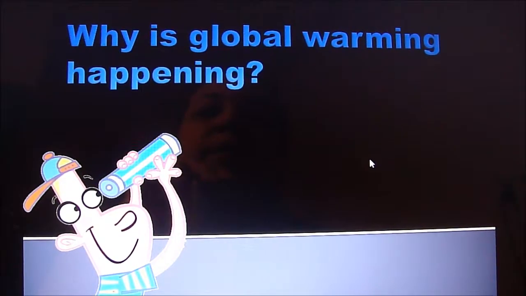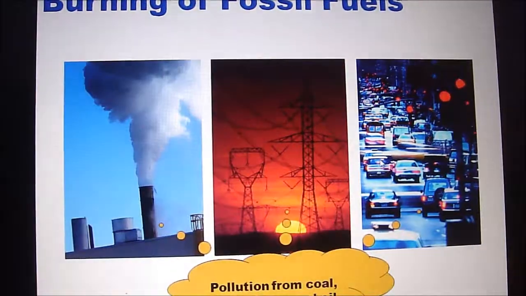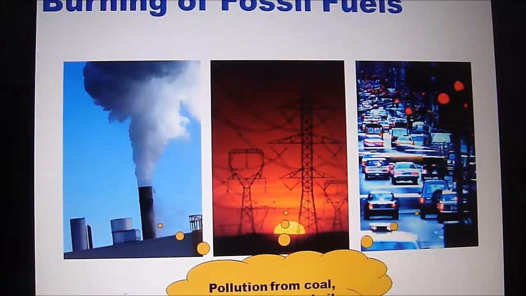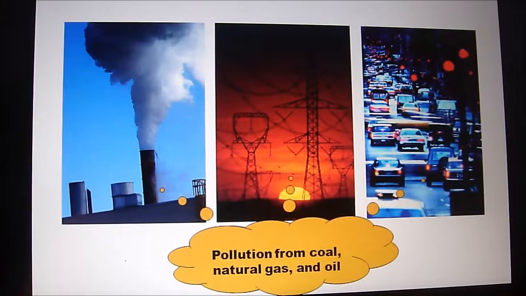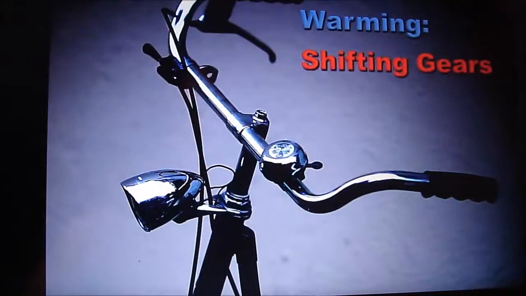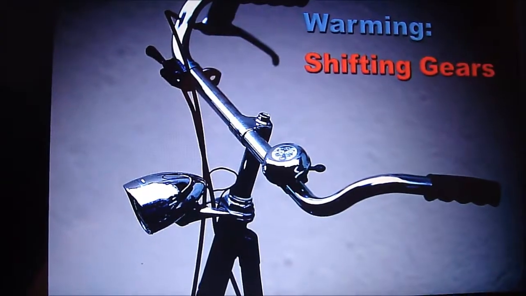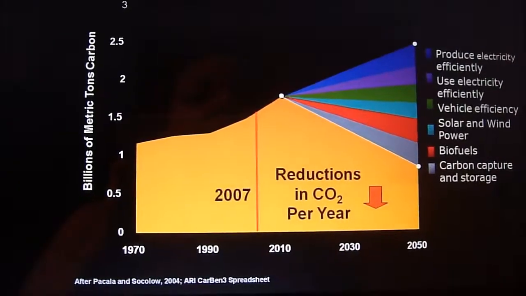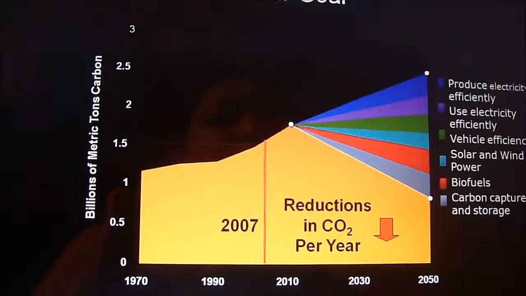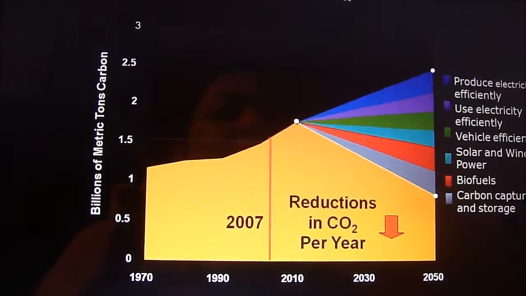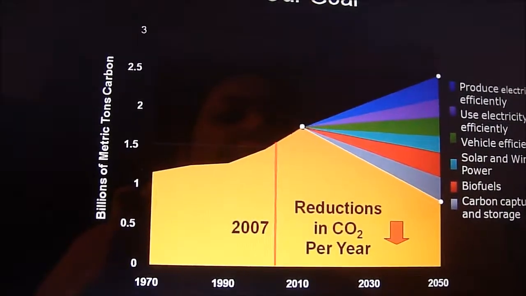Why is global warming happening? Burning of fossil fuel, pollution from coal, natural gas, and oil. Global warming shifting gears. Produce electricity efficiency, produce vehicle efficiency, solar and wind power.